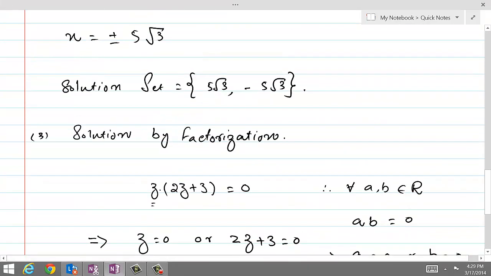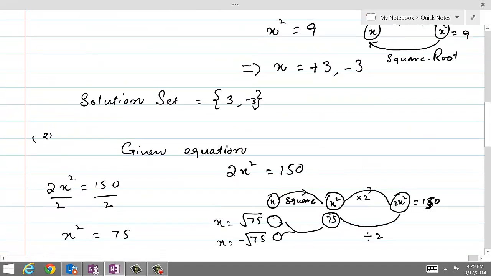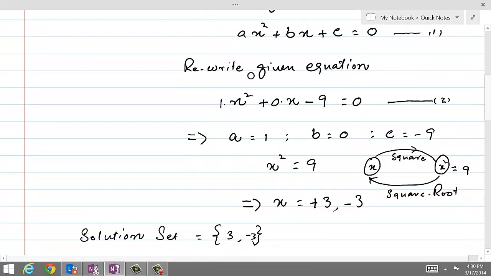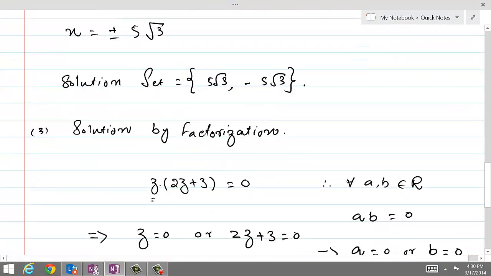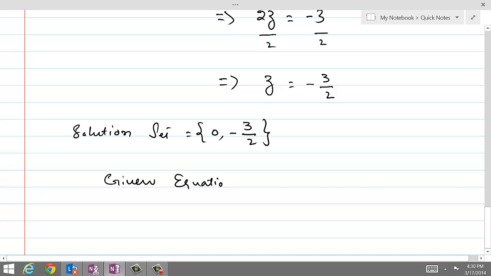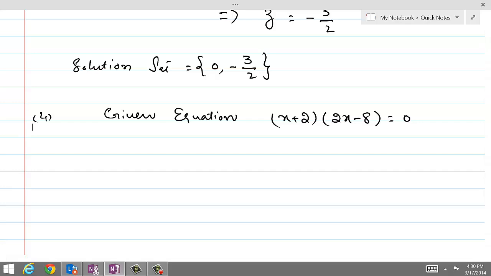And let's do one more question here using the same technique, and this time we have x plus 2 times 2x minus 8. The given equation is x plus 2 times 2x minus 8 equal to 0. This is number 4, and no new argument, it's the same thing.